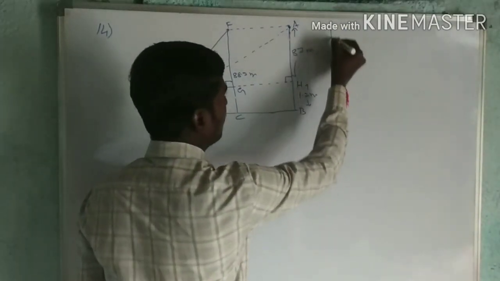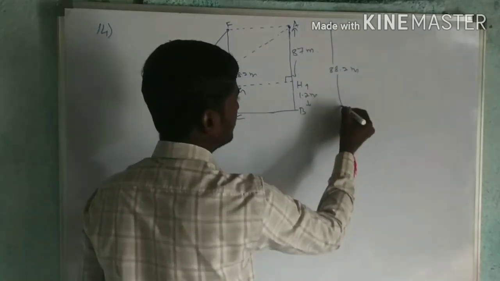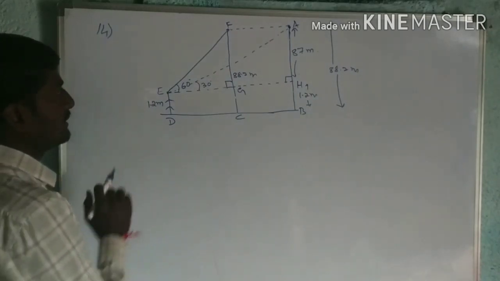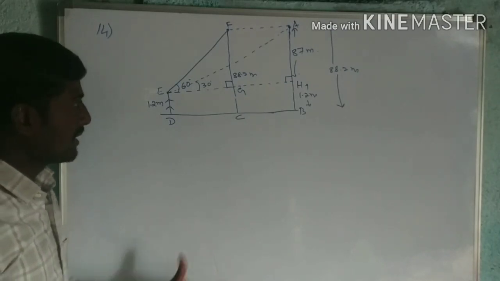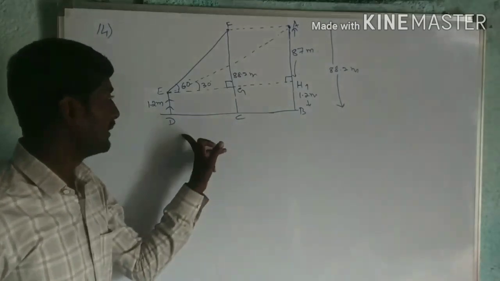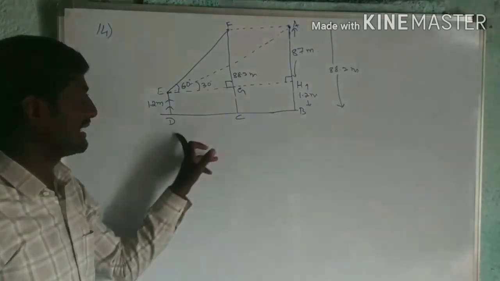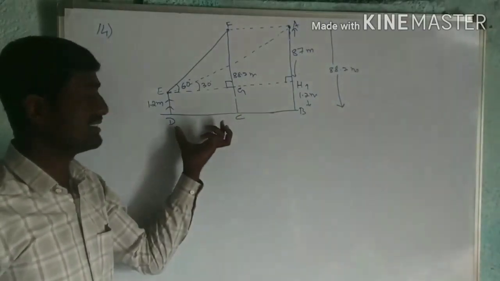Then the total value is 88.2 meter. Now let us go for the triangle FGE. Why? Because here I am going to find BC. How can I find BC? BC is nothing but BD minus CD. Then I will get BC. I need BD and CD.